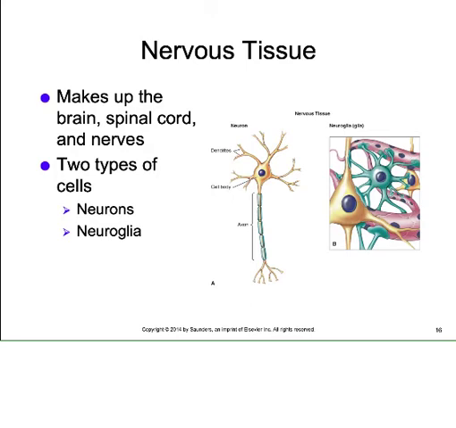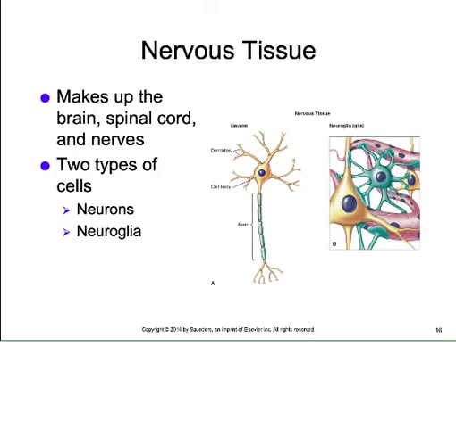So there's two broad populations of cells in nervous tissue. There are the neurons that do the electrical work, and that's why they have all these extensions coming off of them. And then there's the glial cells, which sort of help the neurons out because they're so busy doing the electrical work that they really don't have time to do the stuff that a lot of other cells do typically.